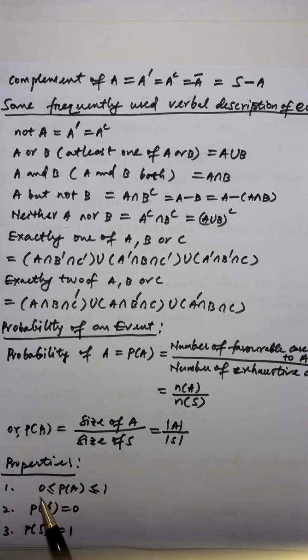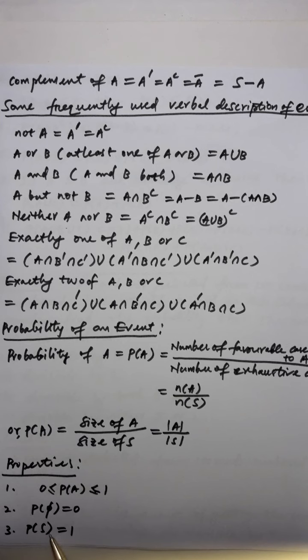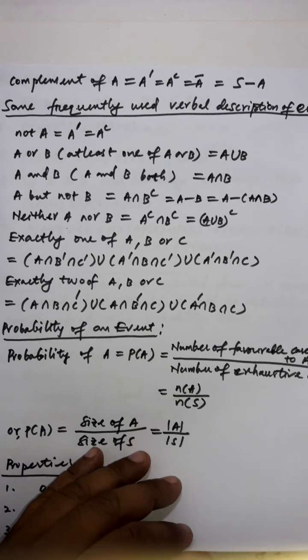That means probability of an event cannot be less than 0 or more than 1. Now the probability of the impossible event is always 0 because it is not going to happen. The probability of the sure event S is always 1 because it will definitely happen.